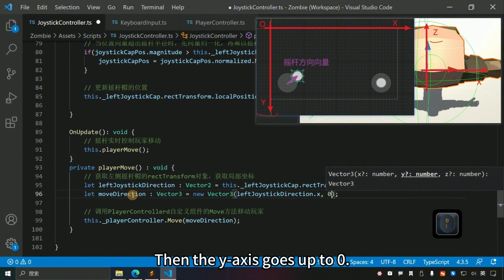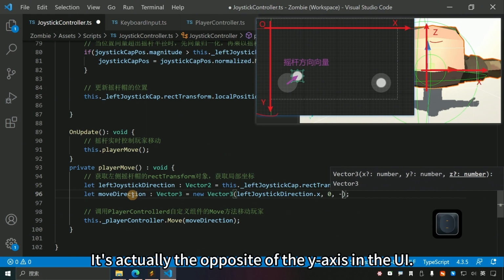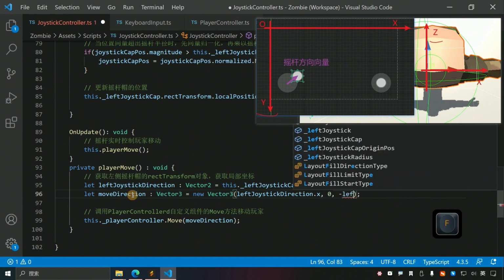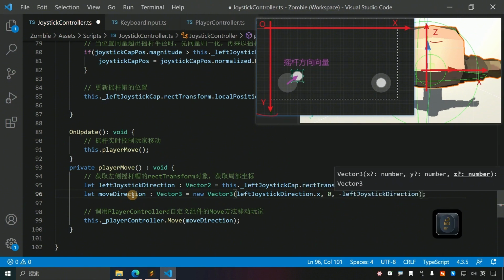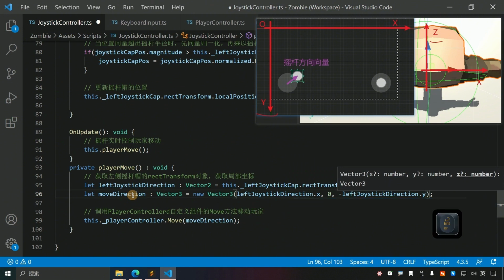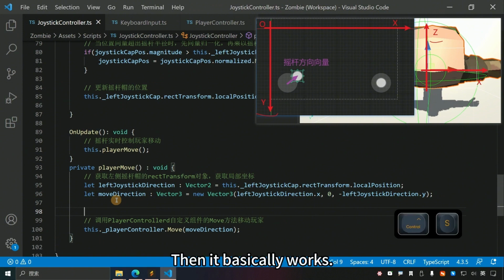Then the y-axis goes up to 0. And what about the z-axis? It's actually the opposite of the y-axis in the UI. Then it basically works.